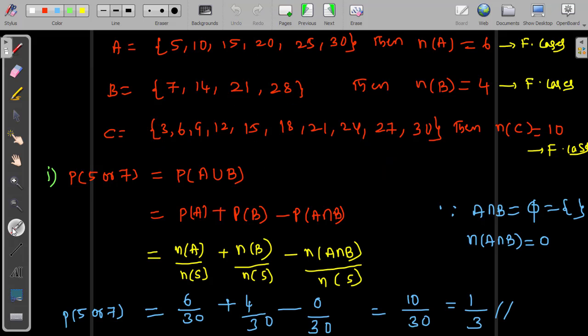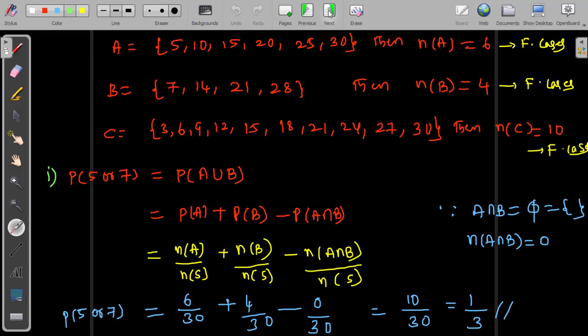Go back to the previous page. B intersection C or C intersection B, both are the same. Now here 7 multiples, these are 4 elements. C contains 3 multiples, 10 elements. Look here, 7, 14, there is no 14, directly 21. It is a common number between these two sets. The remaining 28 is not there.